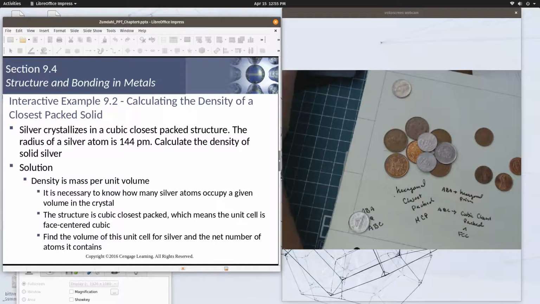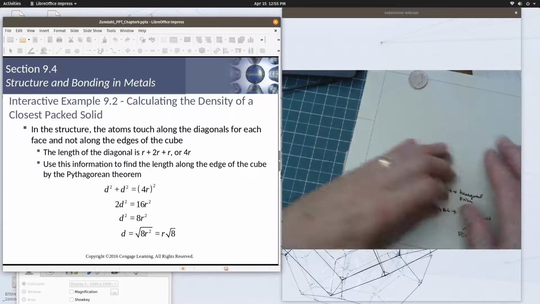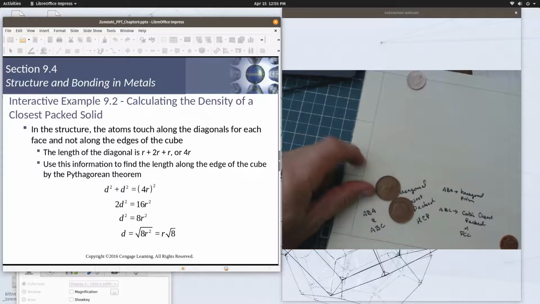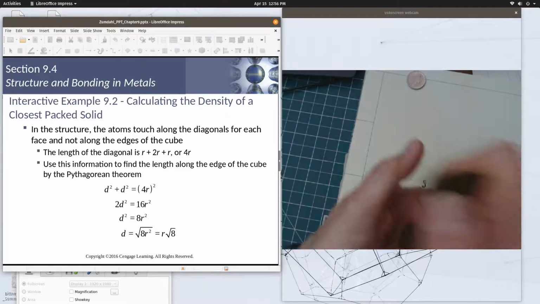So first of all, I need to find the volume of the unit cell and the net number of atoms that it contains. So this is a cubic closest packed structure, and what do we know? Let's sketch this out and see how this comes about. So closest packed solid. Let me get rid of all my coins here.